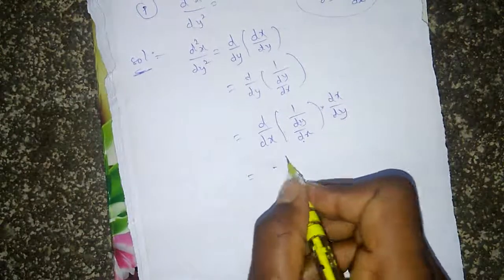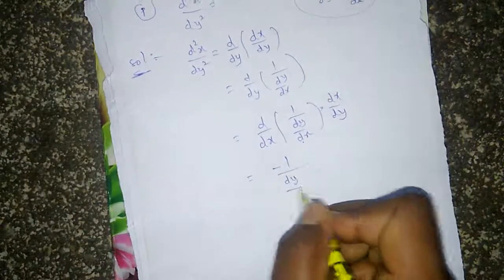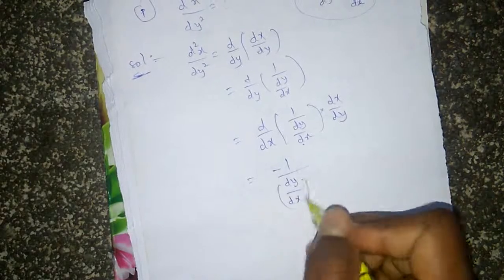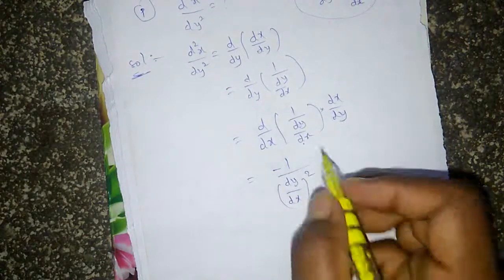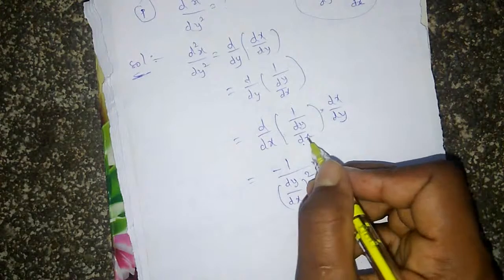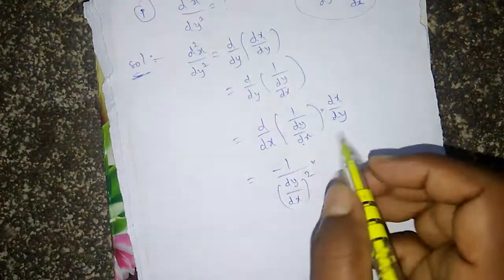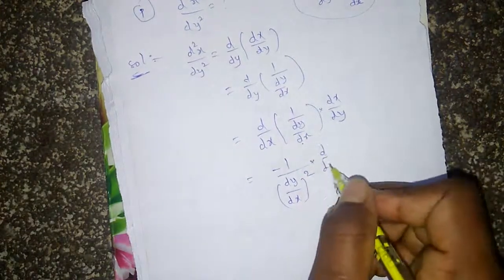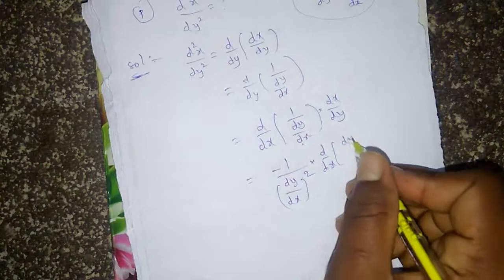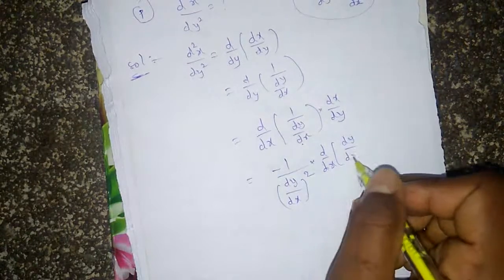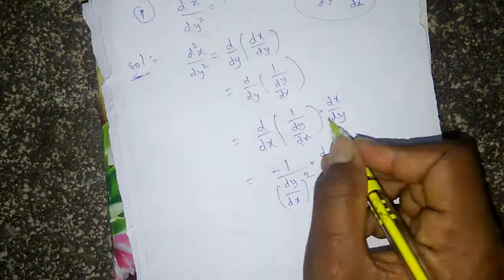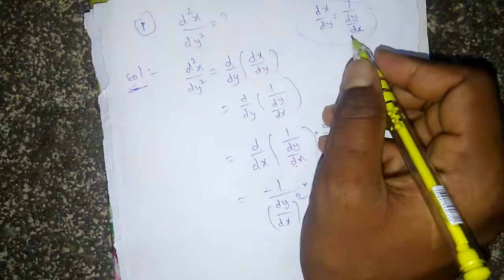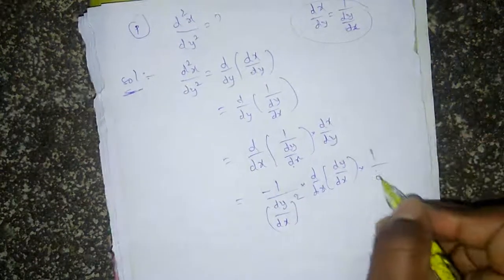Derivative of 1 by x is minus 1 by x square. It is minus 1 by dy by dx whole square, where in place of x we have dy by dx. So find the derivative of that. That is d by dx of dy by dx into, here again dx by dy, that is equal to 1 by dy by dx.